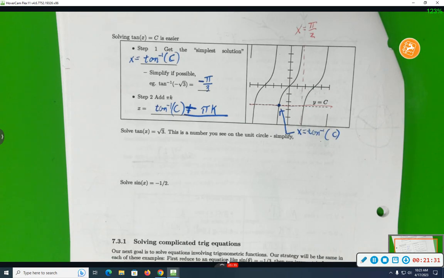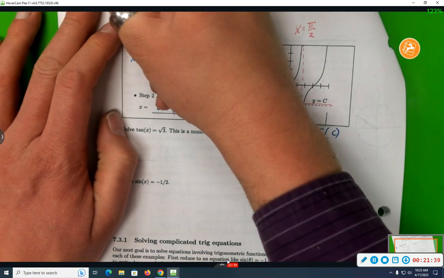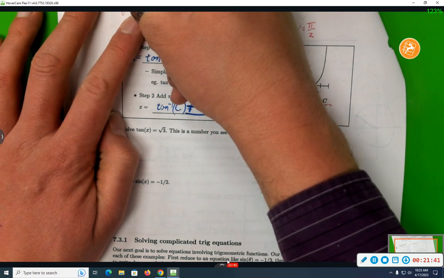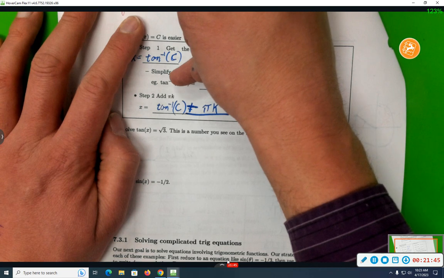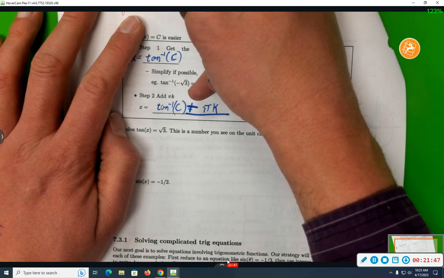Does anyone want to remind you of why that vertical asymptote is where it is? All right, let's give it a reminder. So to find the vertical asymptote of tangent, this is definitely an aside, tangent x is sine x over cosine x.